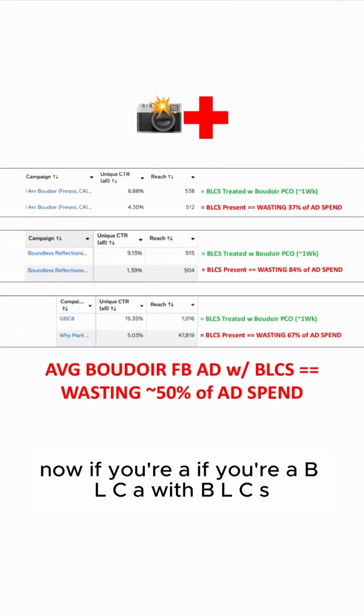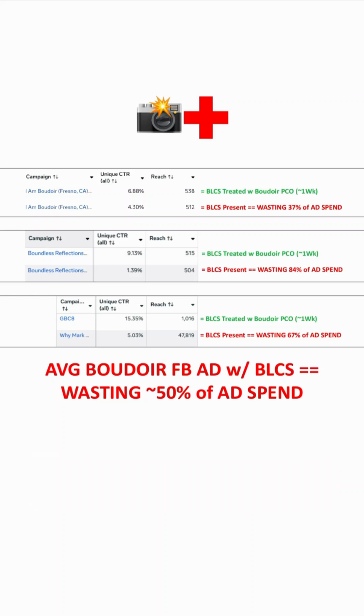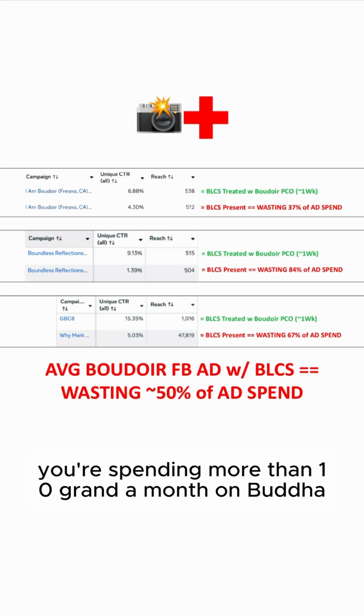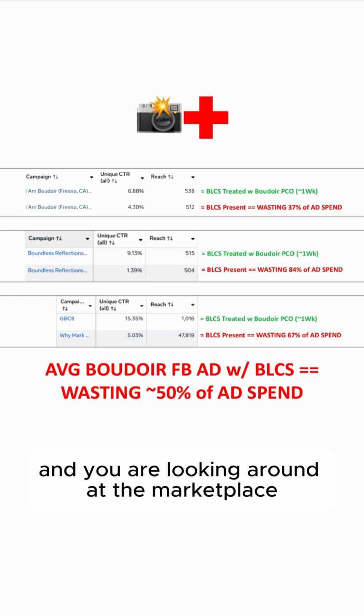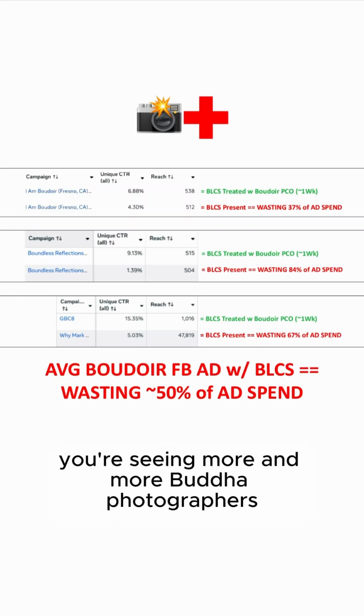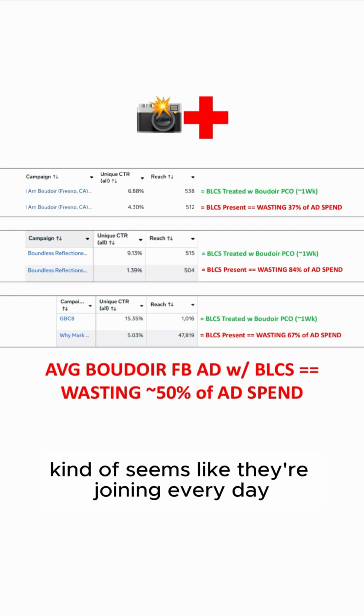Now, if you're a BLCA with BLCS, a Boudoir low click advertiser with Boudoir low click syndrome, and you're spending more than 10 grand a month on Boudoir Facebook ads, and you are looking around at the marketplace, you're seeing more and more boudoir photographers, and it seems like they're joining every day.